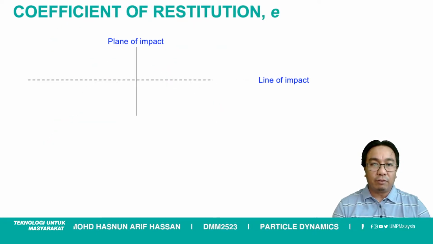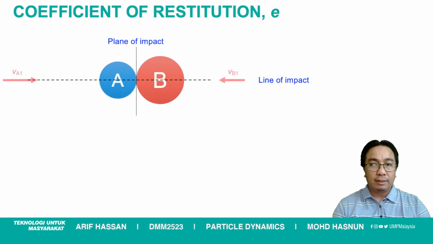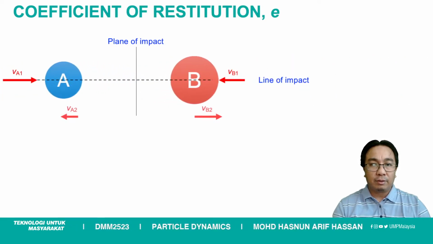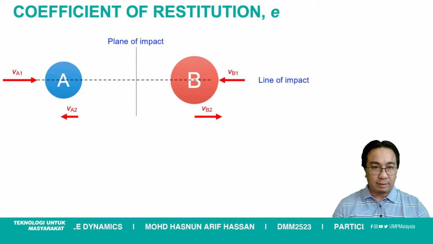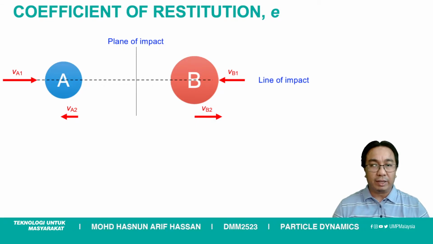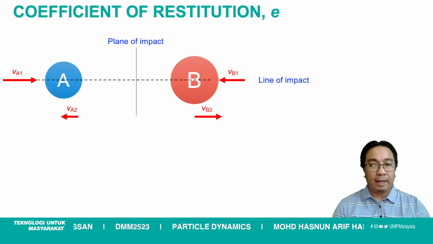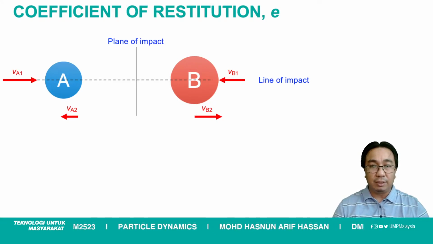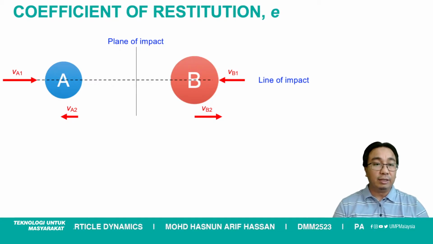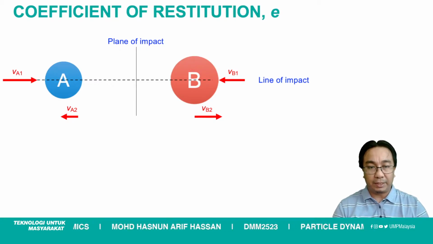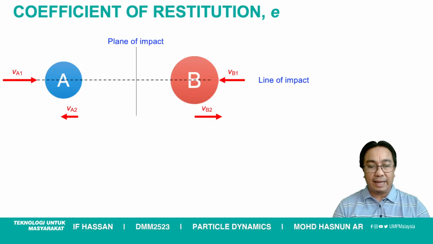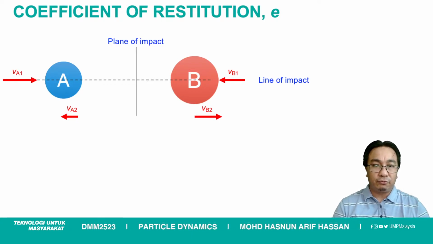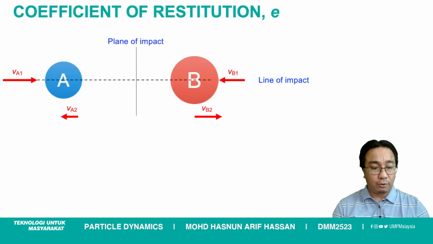Now let's look at the coefficient of restitution. In a central impact, these two particles are moving at velocities VA1 and VB1, and after the impact they will rebound with new velocities, VA2 for particle A and VB2 for particle B. So how do we get the relationship between these four velocities?